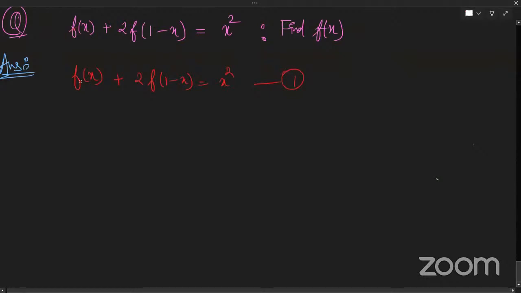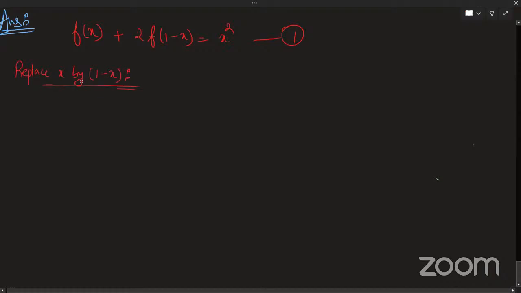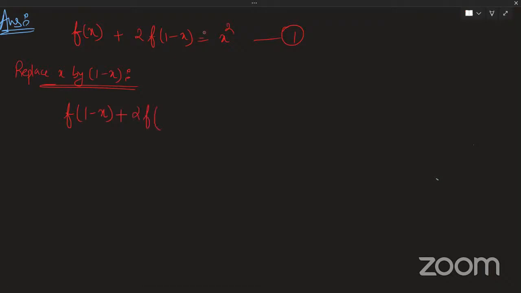Now I want to eliminate f of 1 minus x. So what I will do is replace x by 1 minus x. ठीक है, इसी इक्वेशन में x की जगह 1 minus x डाल दो. So what will happen? f of 1 minus x plus 2 times f of, tell me what will this internal thing become?